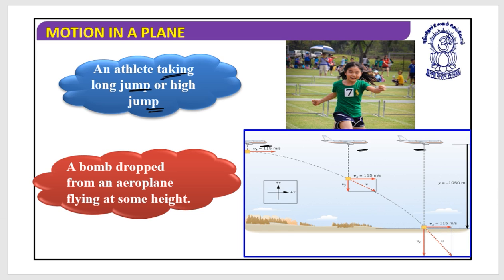If it has been launched here, it does not move in this direction but in this direction, and it has been dropped at this position. It is a bomb dropped from an aeroplane flying at the same height. These are cases of projectile.